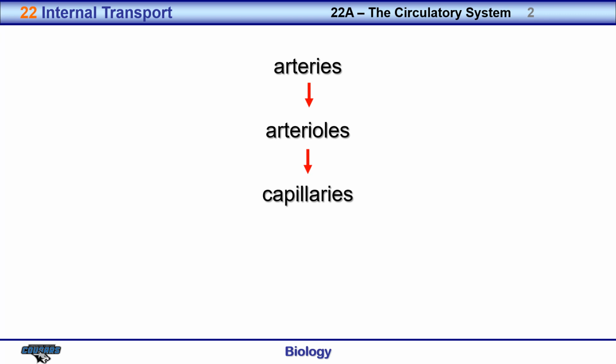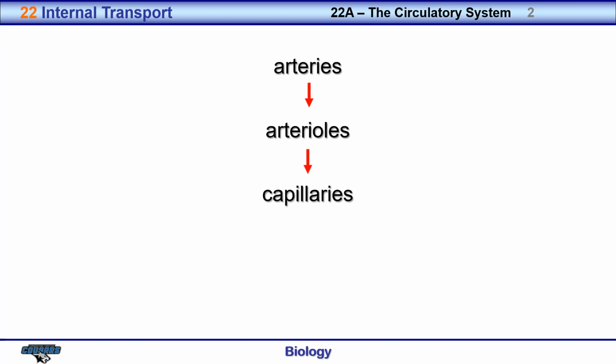These capillaries are what we would call the functional unit of the circulatory system. They're the ones that actually do most of the things that we want the circulatory system to do. They diffuse oxygen and glucose and hormones and other essential substances into the cells that make up the body.